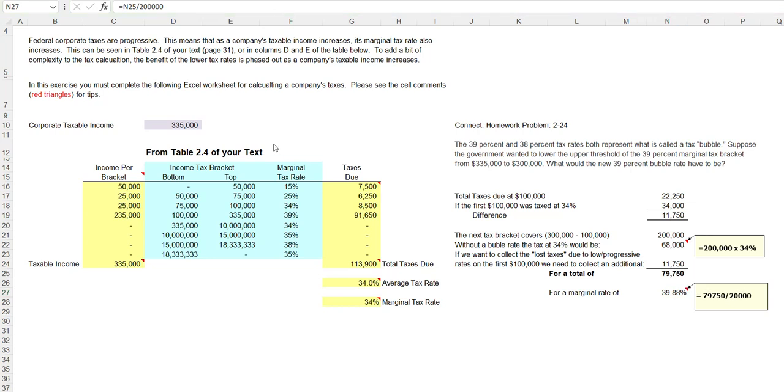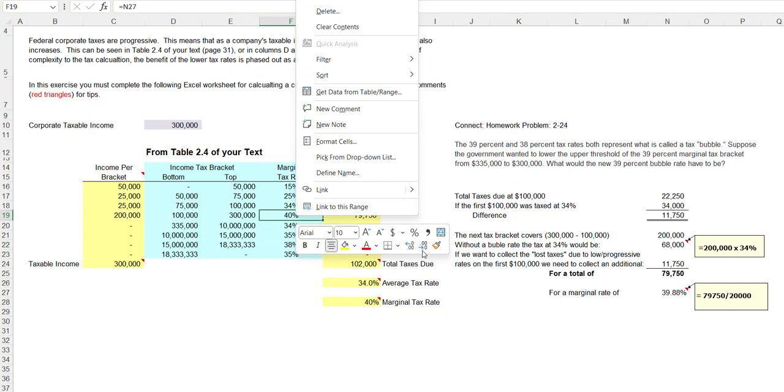And we could check our tax table and see if that would be the case. So we were going to have income of 300,000. This tax bracket wasn't going to be stopping at 335. It was going to go up to what, 300,000. And we said we would need to have a tax rate of 39.88%.